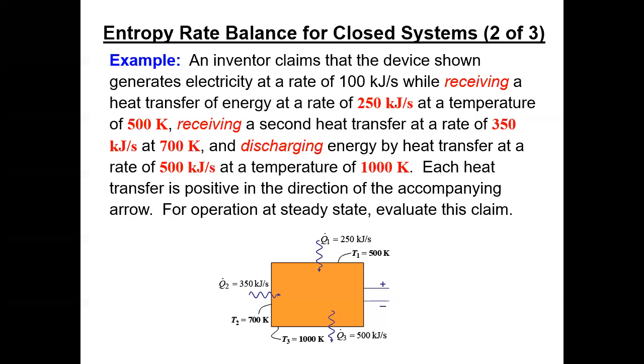An inventor claims that the device shown generates electricity at the rate of 100 kilojoules a second, which is kW, while receiving a heat transfer of energy at a rate of 250 kilojoules a second at a temperature of 500 Kelvin, receiving a second heat transfer at the rate of 350 kilojoules a second at a temperature of 700, and discharging energy by heat transfer at a rate of 500 kilojoules per second at a temperature of 1000.